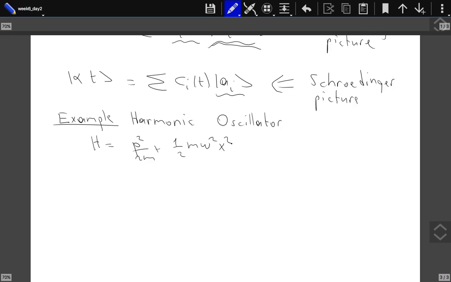This is the one-dimensional harmonic oscillator. What is dx by dt in the Heisenberg picture? How do you derive it?